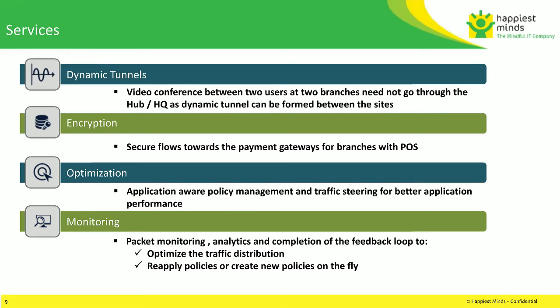Another important point, which is getting a lot of traction now, is monitoring and analytics. So how you can monitor your network and then use the intelligence from analytics to complete the feedback loop and offer services. You can optimize the traffic distribution, reapply policies, or create new policies on the fly. For example, if any network anomaly is detected, you can quickly reconfigure a new security policy and prevent any further damage to the network.